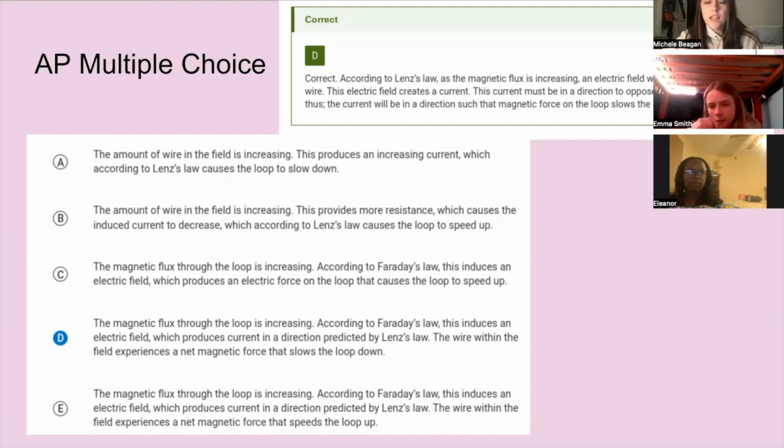And then because there's an electric field, there's obviously going to be a current. And we know that the current has to be in the opposite direction of this increasing flux due to Lenz's law. So if it's in the opposite direction, then it's going to slow down.